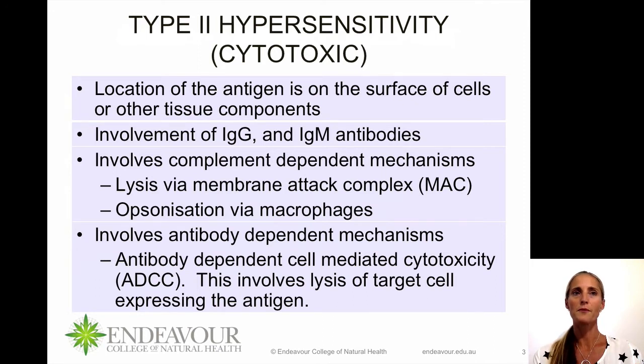Now, the lytic pathway is also part of the complement system, and this results in lysis or damage to the plasma membranes of the cells and to some bacteria, and it also attracts the macrophages and neutrophils and activates mast cells.